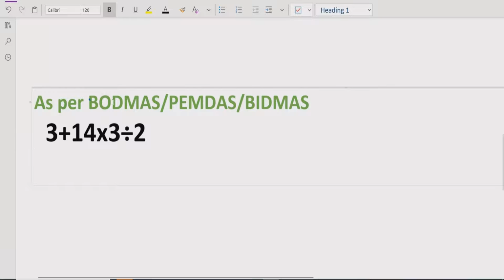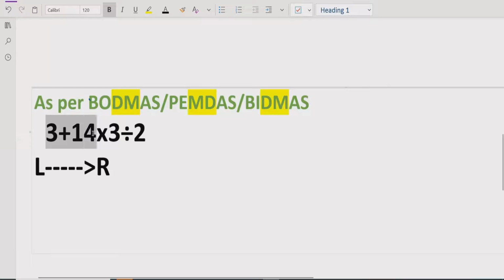Now, let's move towards division and multiplication. Here we have division and multiplication, and whether you are using BODMAS, PEMDAS, or BIDMAS, don't worry, multiplication and division have the same precedence. Now let's go left to right and find out which part is coming first.